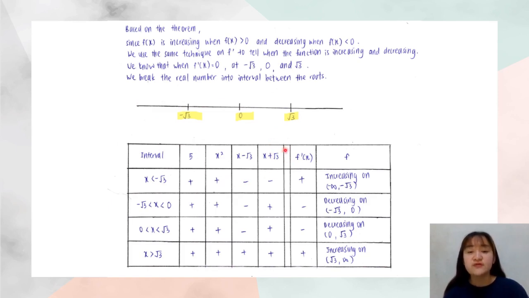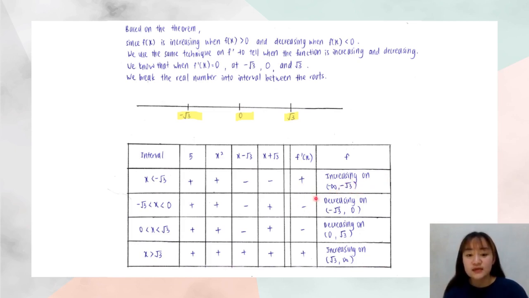Then I also want to know the sign of f'(x) so I can know what is happening to the function. All these signs are obtained by multiplying the factors. For example, positive times negative times negative gives positive. It means the function is increasing on the interval (-∞, -√3).